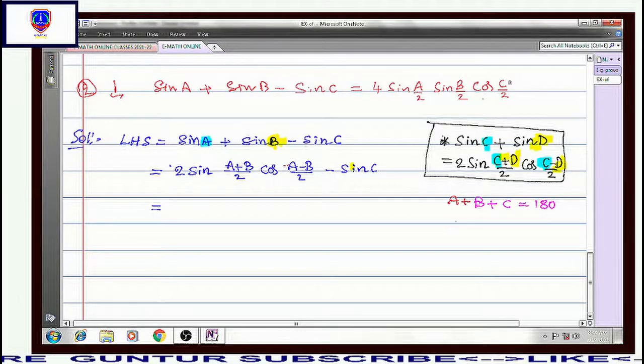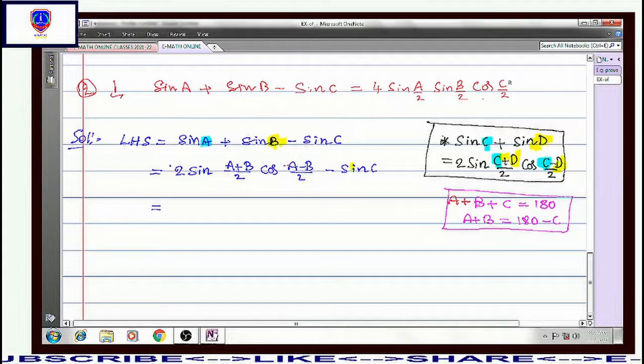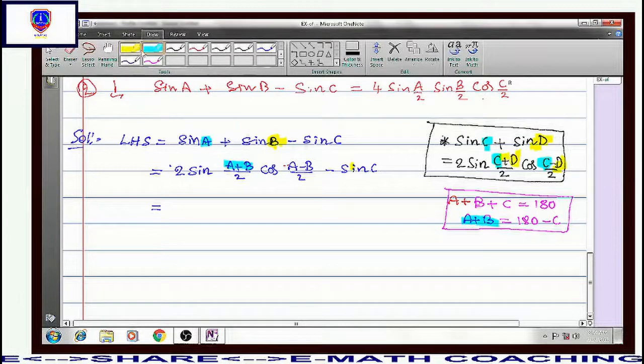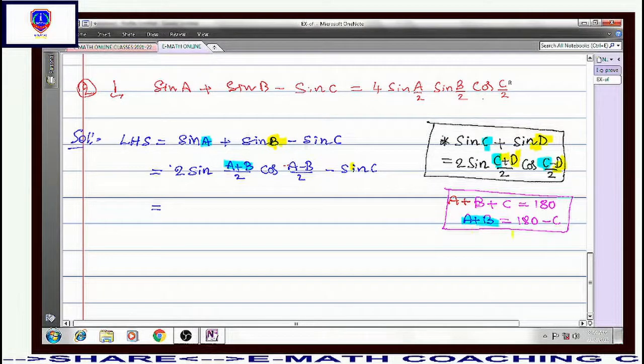And A plus B we can write as 180 minus C, or pi minus C. This result I am going to use here. A plus B, here look at here, A plus B. So now I am going to substitute this A plus B value as 180 minus C here.